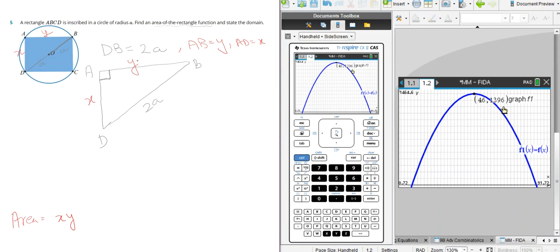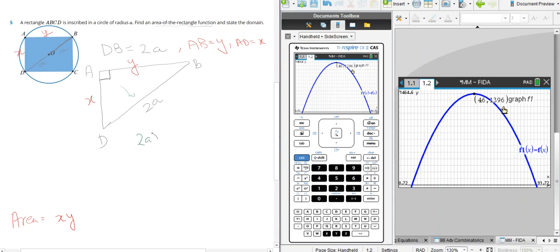All right. Now, using your knowledge of Pythagoras theorem, we can get a function for y in terms of x and a. Now remember, your final answer would have a in it because the radius is not specified, it's given as an a. So let's use Pythagoras theorem there. This is the hypotenuse, the opposite to the 90 is the hypotenuse always.